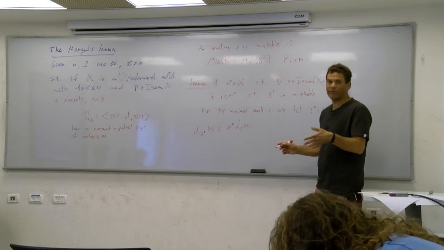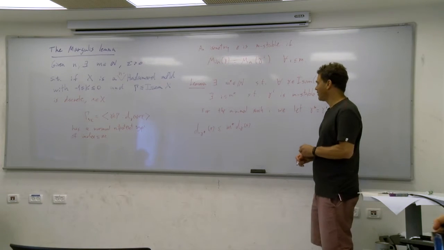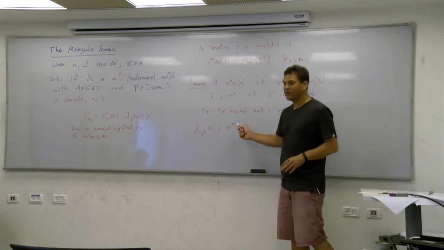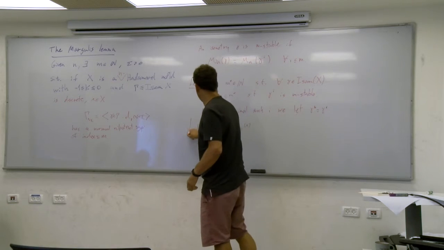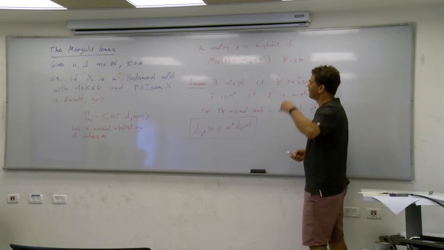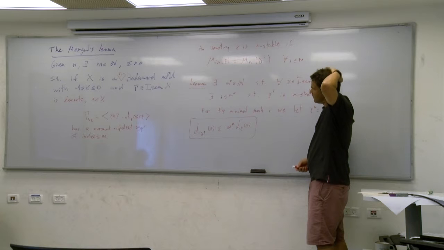You see that, because gamma star is gamma to the i, where i is at most M star. So this is to keep in mind.